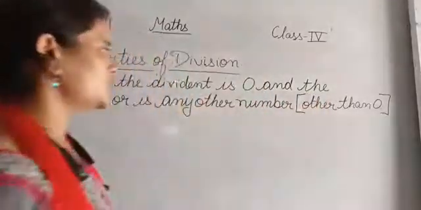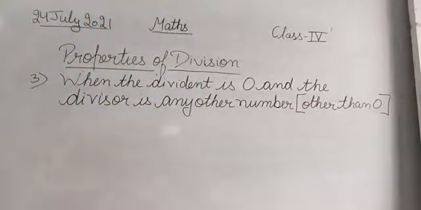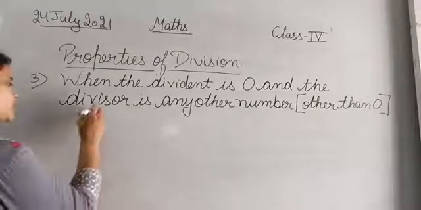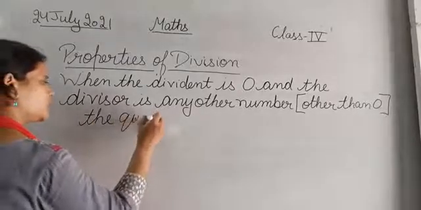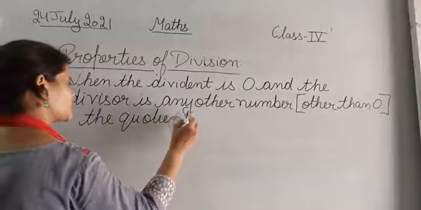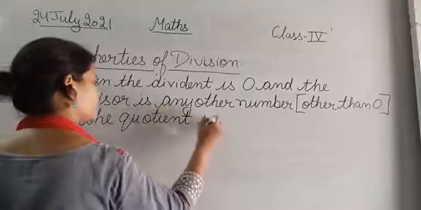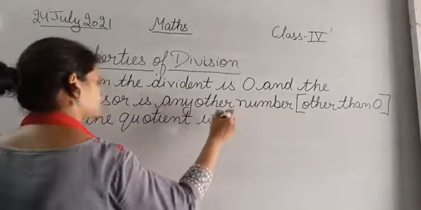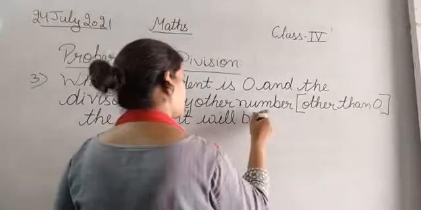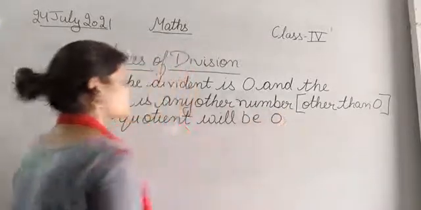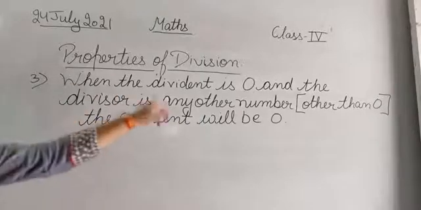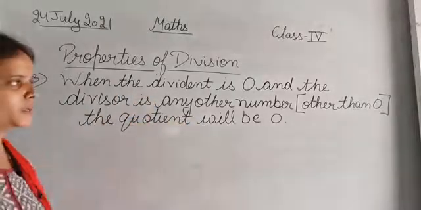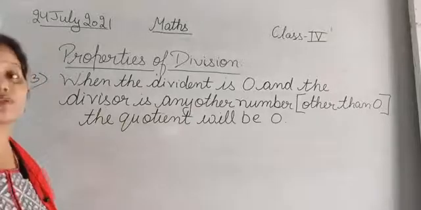When the dividend is 0 and the divisor is any other number other than 0, the quotient will be 0. Full stop. Okay, so this is the third property. When the dividend is 0 and the divisor is any other number other than 0, the quotient will be 0.